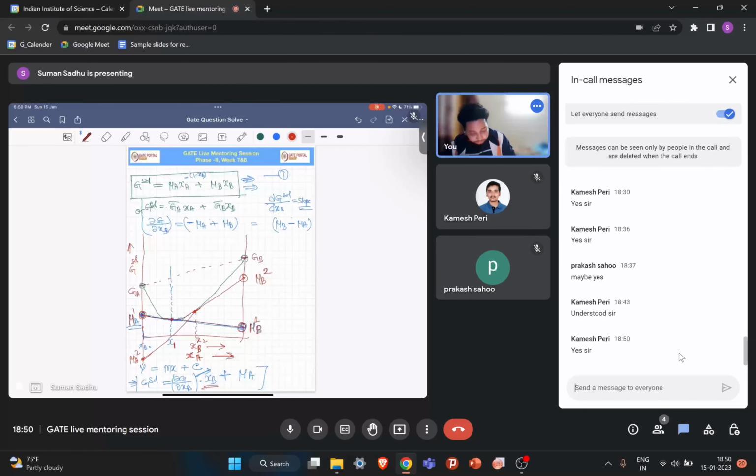Now you can see the chemical potential of A in the x2 alloy is less than in the x1 alloy. That means mu A1 is greater than mu A2. What it means is that A atoms will move from the x1 alloy to x2.